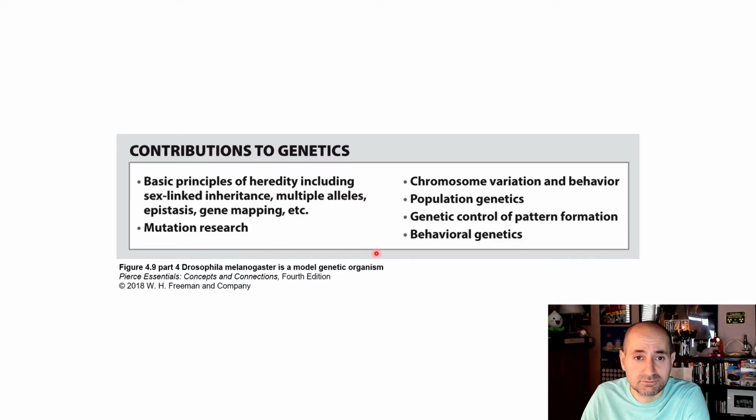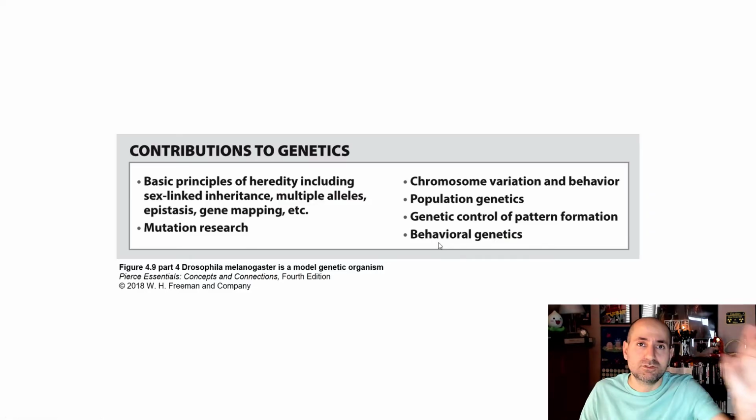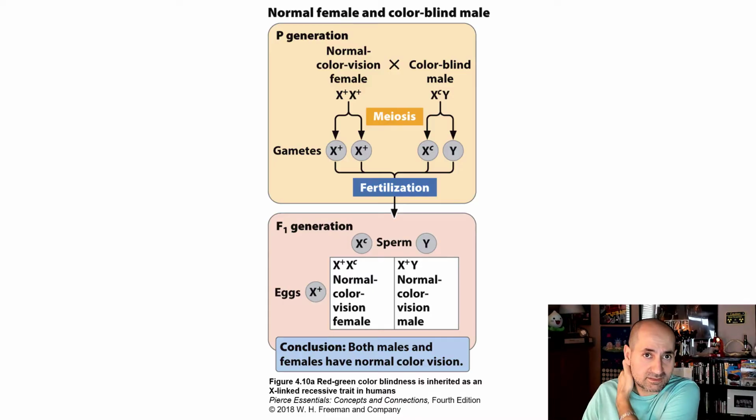I told you in stem cell research, chromosome variation, behavior, studying chromosomes, genetic control of pattern formation, body segment formation, behavioral genetics, so many different aspects of life that we could study in flies and directly relate those results to humans. And the whole reason we know about sex-linked or X-linked chromosomes is because of these flies.